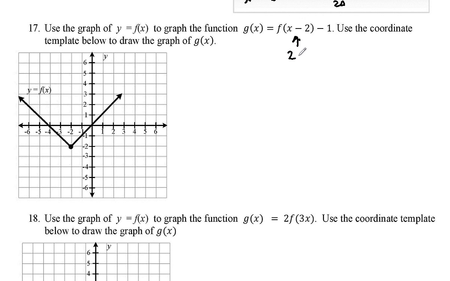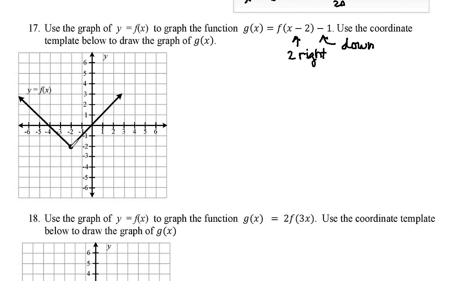So this shifts the graph 2 to the right. And then the outside, they're telling the truth. So this subtract 1 from the g of x value, the y value, is shifting the function down 1. So we want to shift this function to the right 2 and down 1.